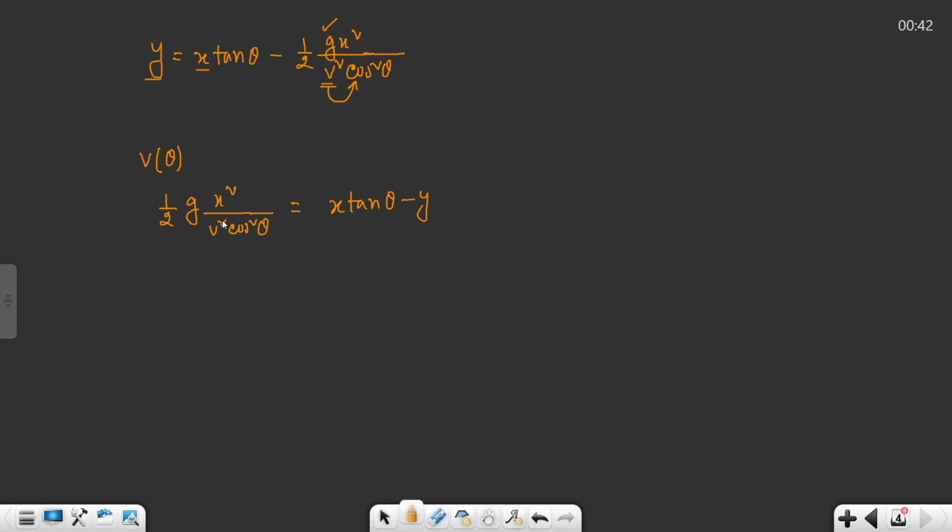So we can just simply get the v square out of this place and put it there, and we can also get this thing just under the division line. So we have cos square theta right here, and then we have x tan theta minus y is equal to v square.